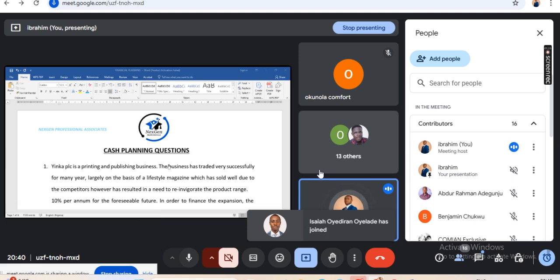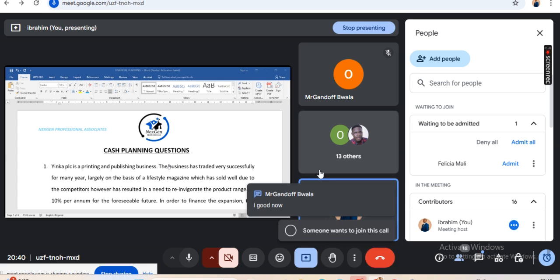By doing that, you have to forecast what the profit will be in 2026. That is what we call cash planning. You have to plan ahead of that period, and that is what we call cash planning or financial planning.